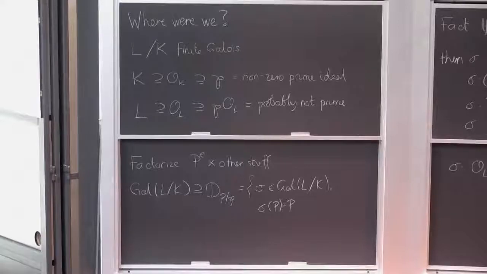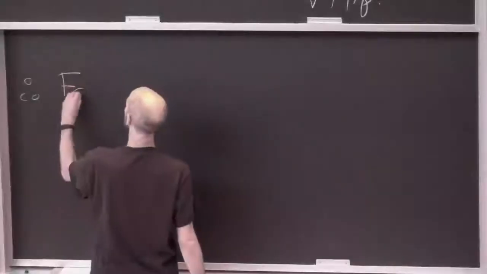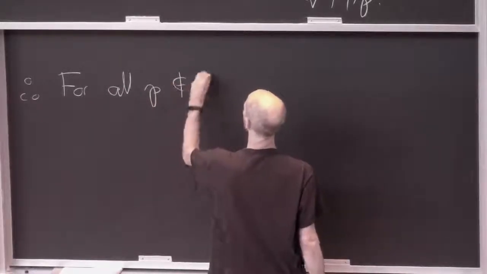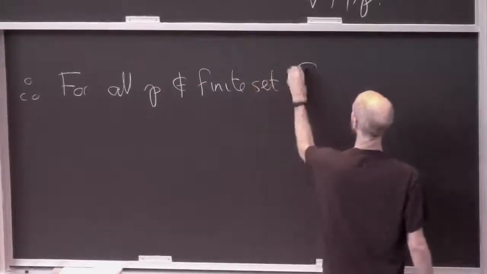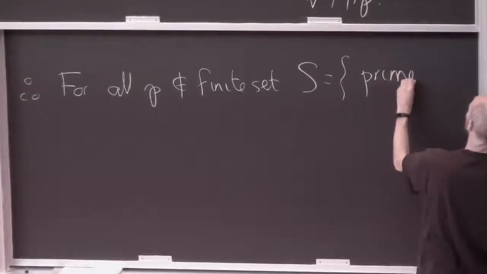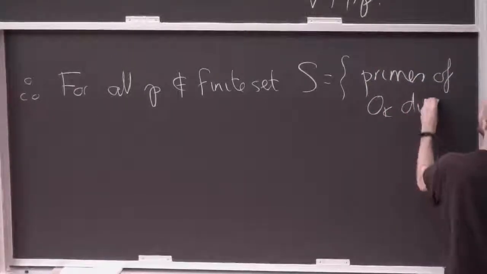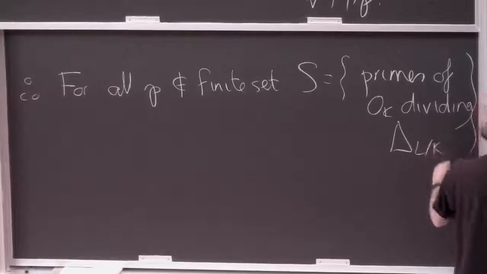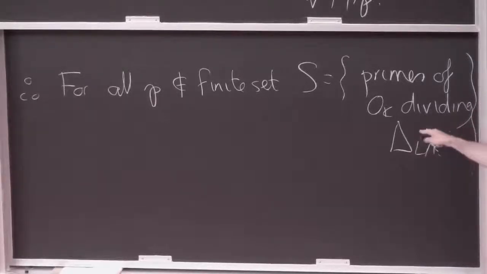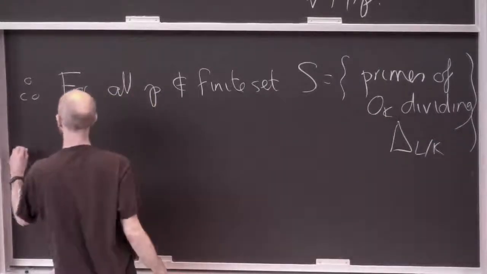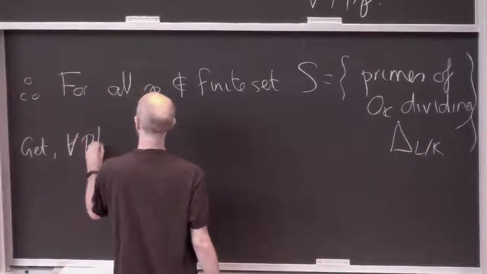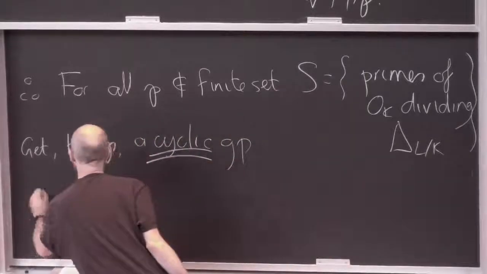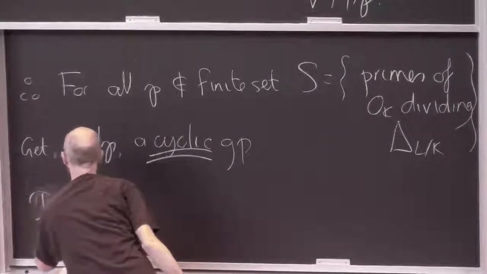So therefore, for all but finitely many primes, for all P not in some finite set S, which is the primes of O_K dividing delta, the discriminant of L over K, for all those primes not dividing delta, we get a cyclic group, capital D_P over p.